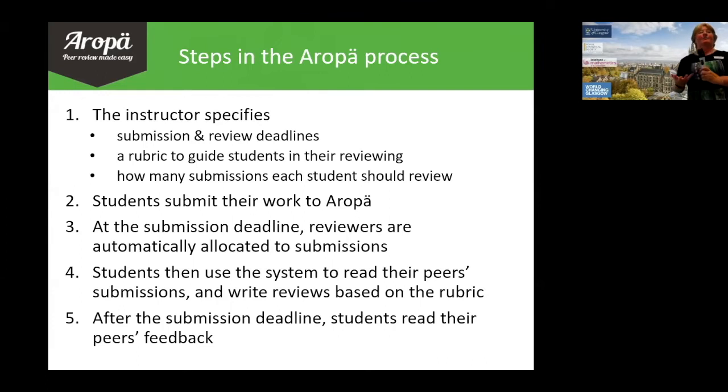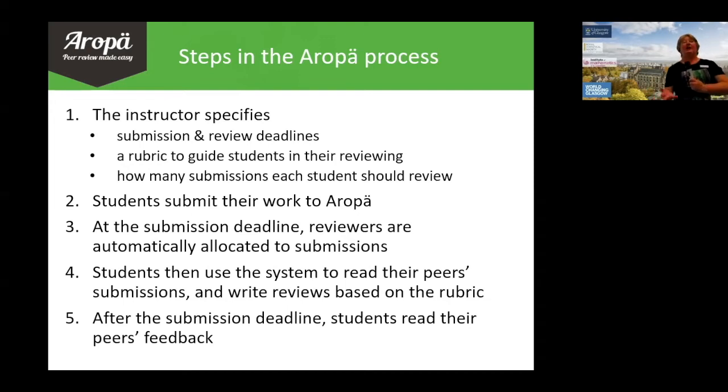The students then submit their work to Aropa. At the submission deadline, reviewers are automatically allocated. So when the student next logs in, they can see which submissions they need to review. They use the system to read their peer submissions, and then write their reviews based on the rubric that the instructor has specified.